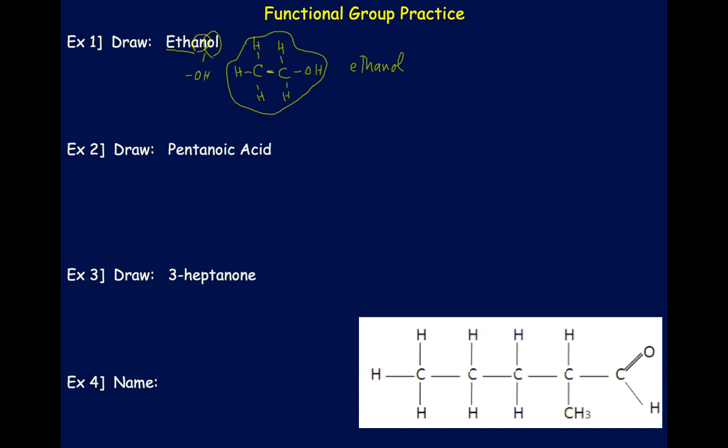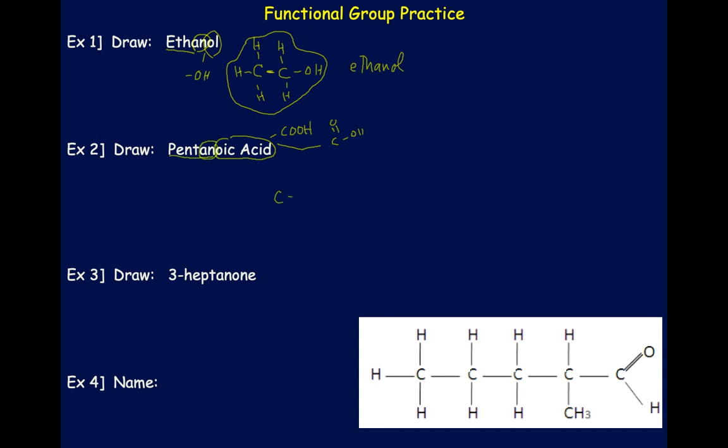Now the next one would be pentanoic acid. I see I have oic acid. Oic acid is my COOH, and I want to make sure that an oic acid is also a C with a double bonded oxygen and an OH. You'll have to look at your columns on that. I know I have 5 carbons separated by single bonds.